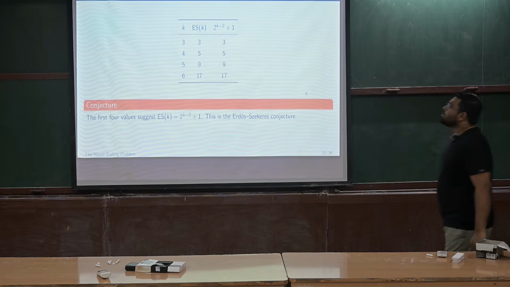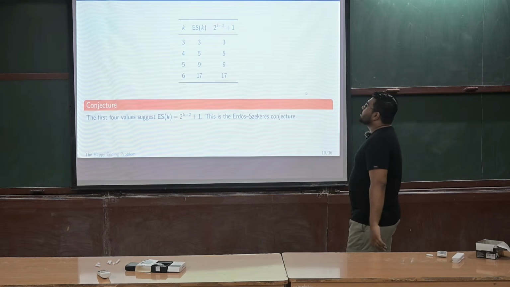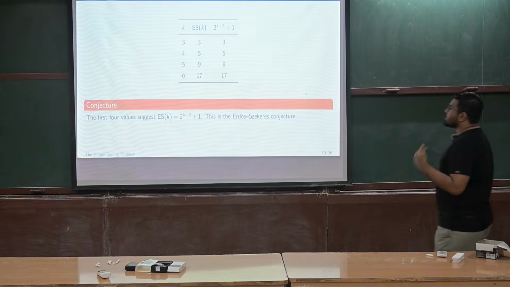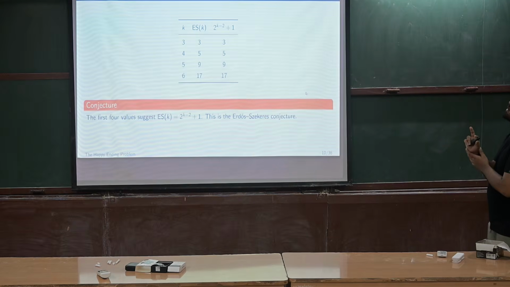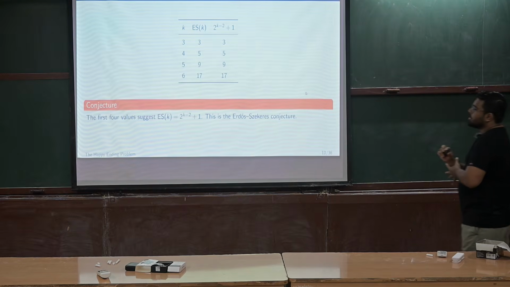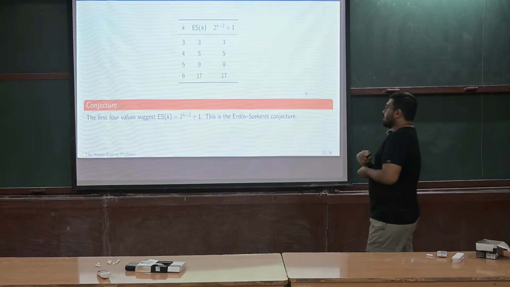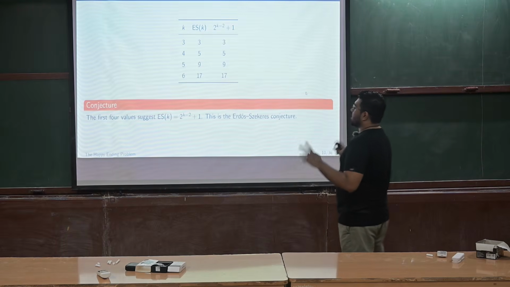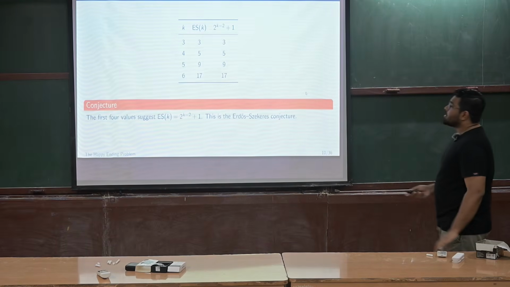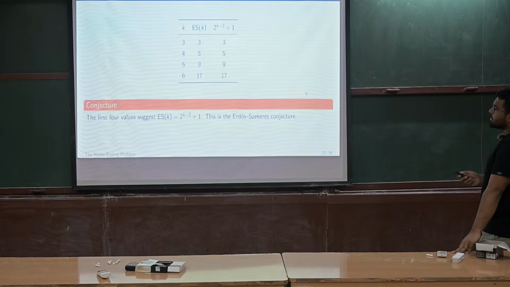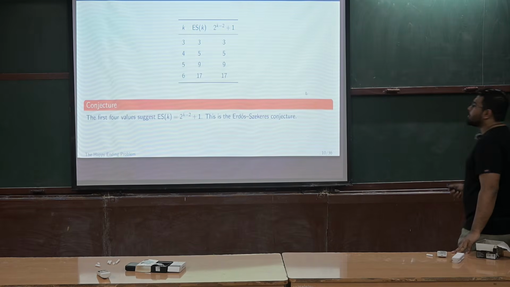So as it turns out, you know the Erdős-Szekeres function value for 3, 4, 5, and 6, and all of them coincide with 2 to the power k minus 2, plus 1. That's what the Erdős-Szekeres conjecture states: that the value of this function is always 2 to the power k minus 2 plus 1.